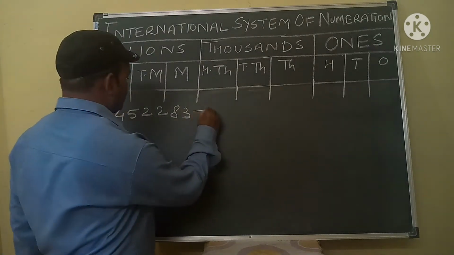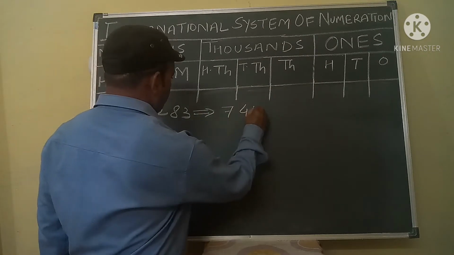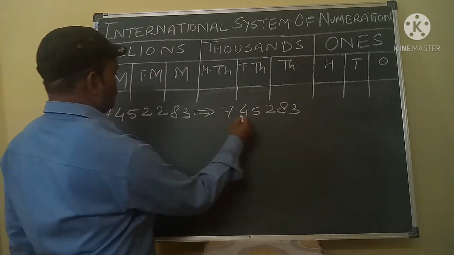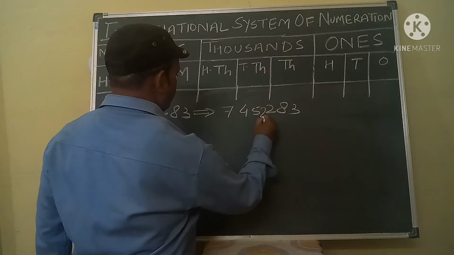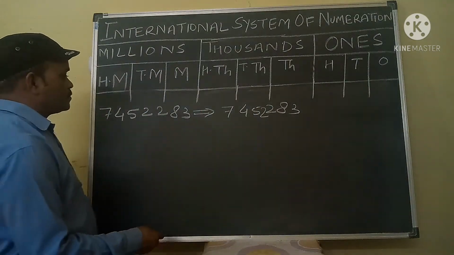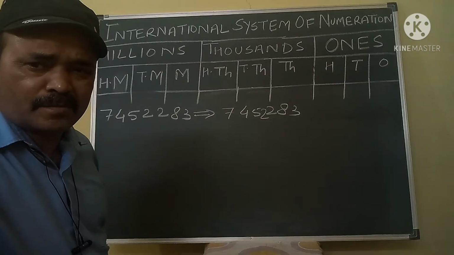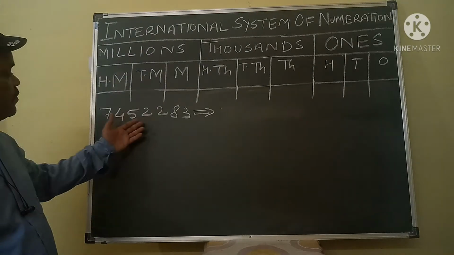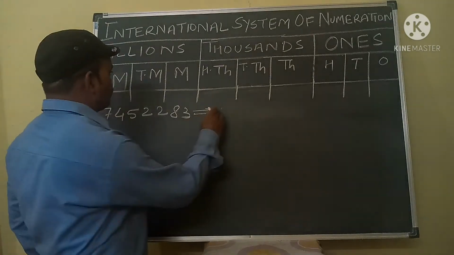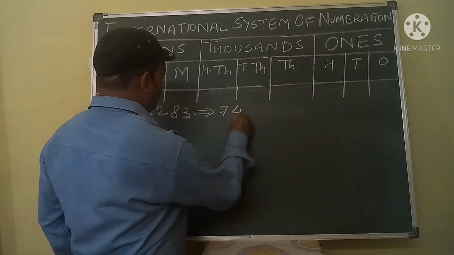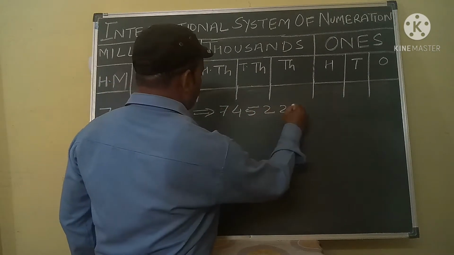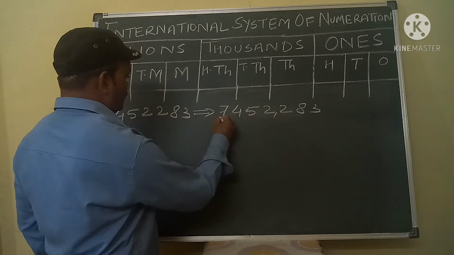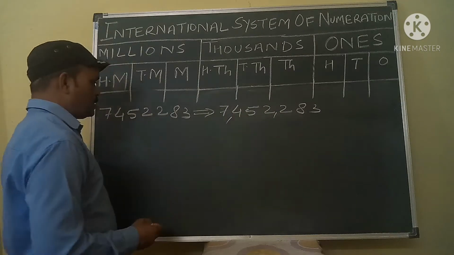Now look here. First comma, my dear students, first comma we will put after 3 digits. Now look here. This is 7452283. First comma after 3 digits, second comma after 3 digits, as you are looking.